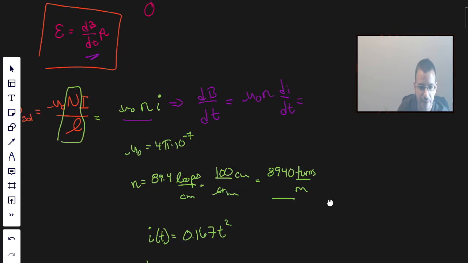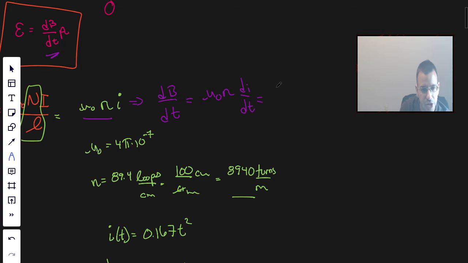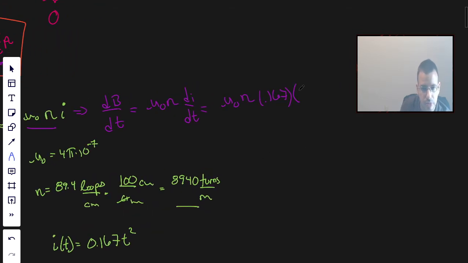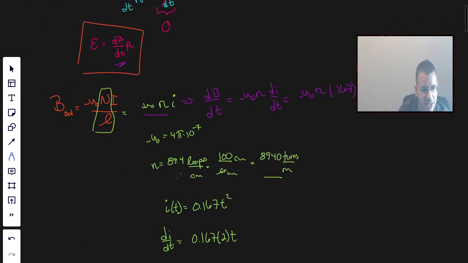So we know the derivative of magnetic field with respect to time is going to be mu naught n 0.167 times 2 times time. And that gives us our dB dt.